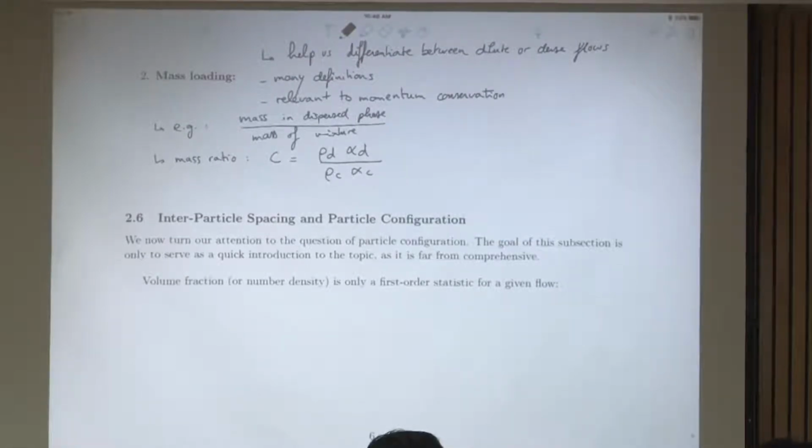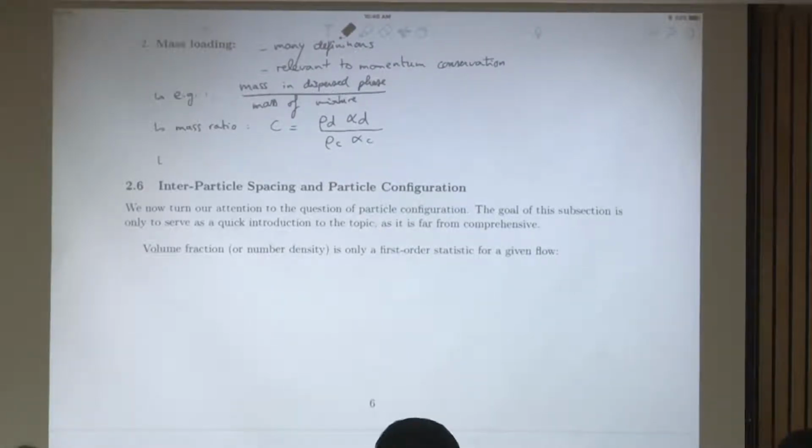If you have significant slip between the phases, that means that if one phase is moving at a significantly different speed than the other phase, it makes a lot of sense to think about another quantity that would be a ratio of mass flow rate of both phases. So you would include now velocity. So you would have rho_d alpha_d times representative velocity of your dispersed phase over rho_c alpha_c times u_c.